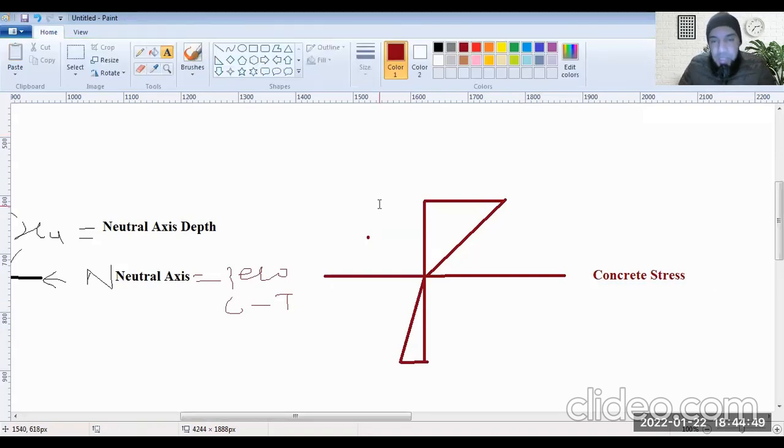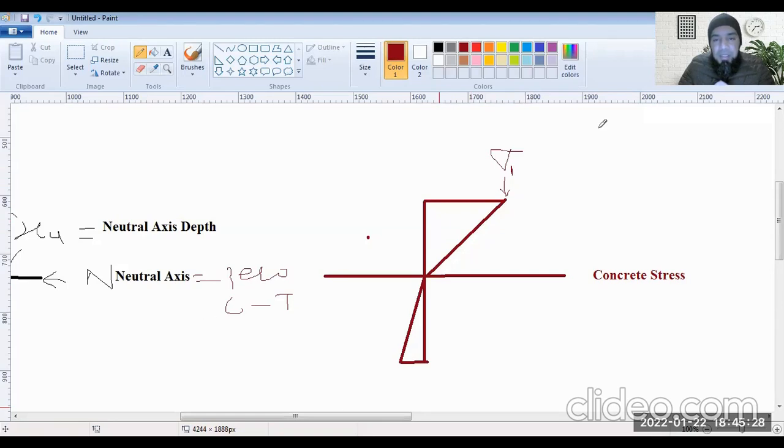Let it be the stress profile only for concrete. Concrete can take stresses in compression to a lot of extent, and in tension it can take very little. So that's why I made more towards the compression side and less towards the tension side, the stresses that it can take. But when at the extreme fiber the maximum stress here, let it be sigma 1 right now.